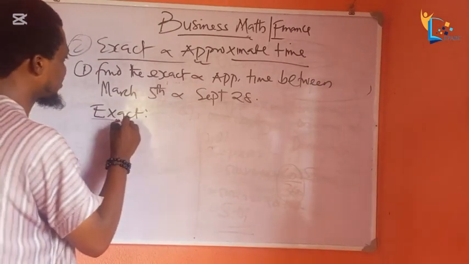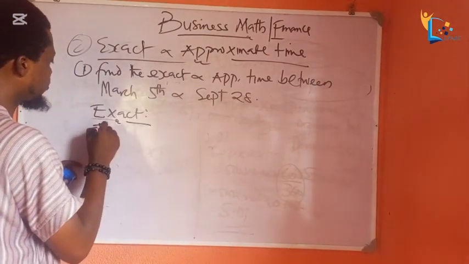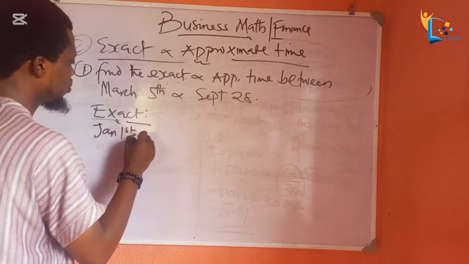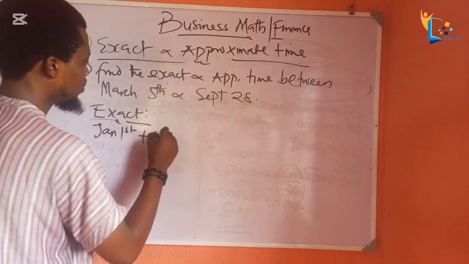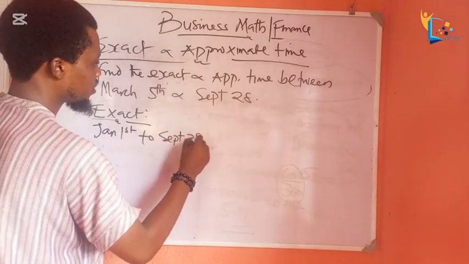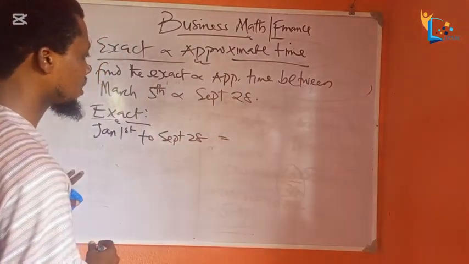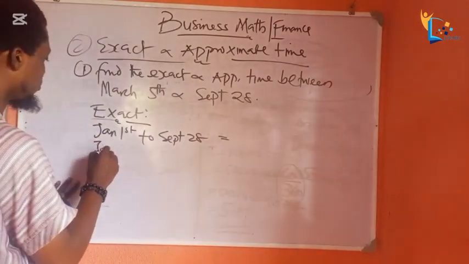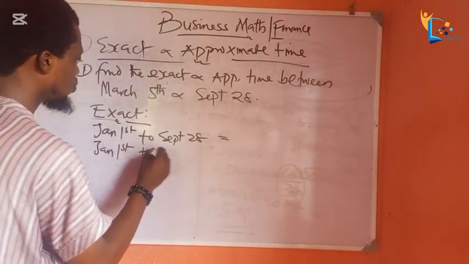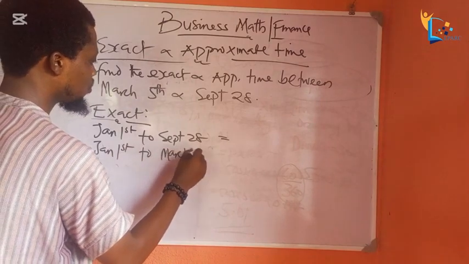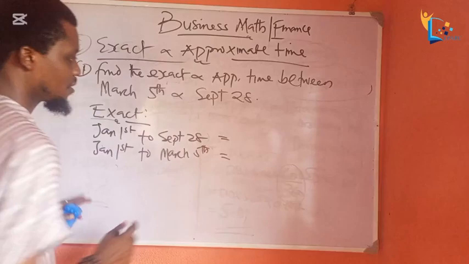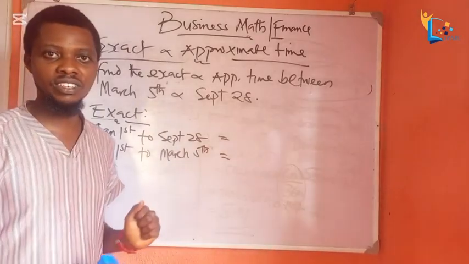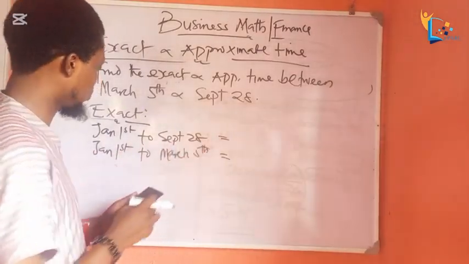Now for exact, from January 1st to September 28th will give us how many days? From January 1st to March 5th will give us how many days? Okay, so we'll calculate now and see.